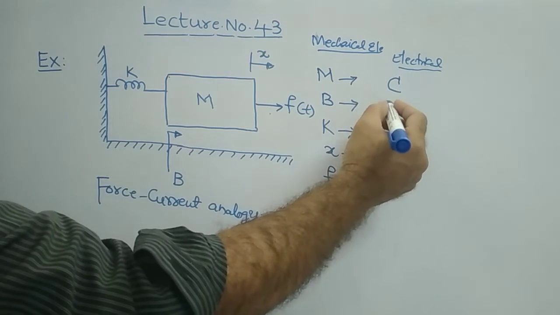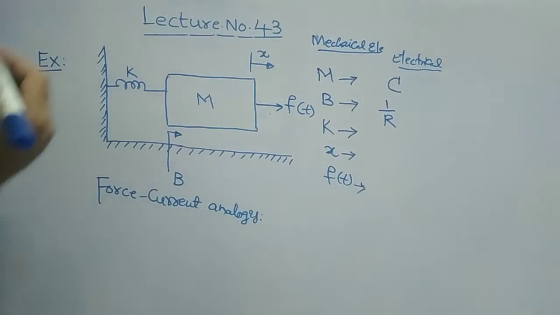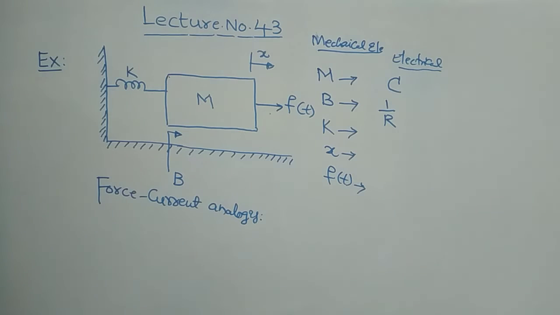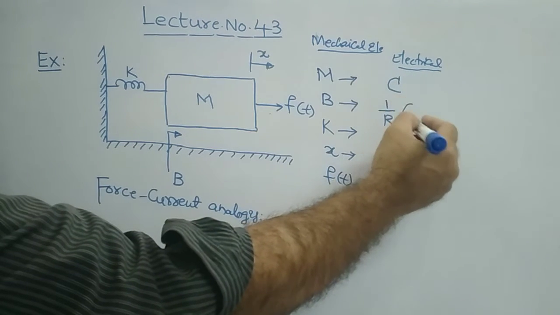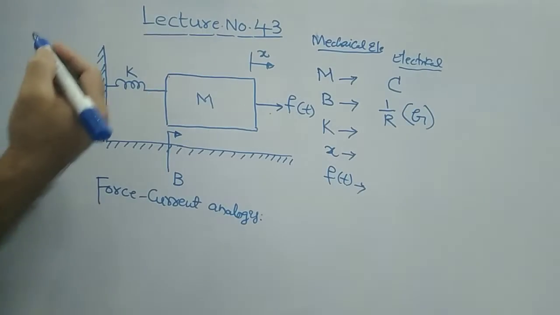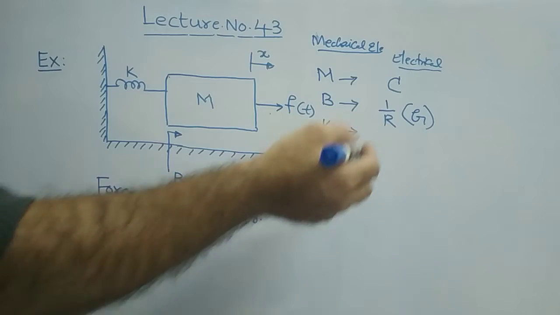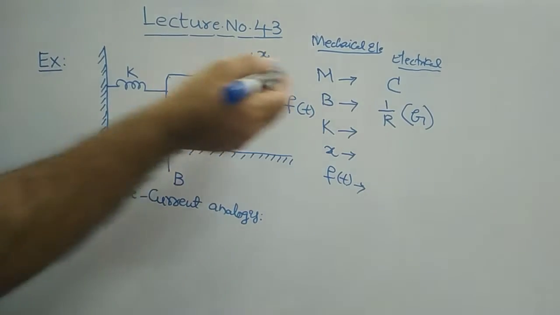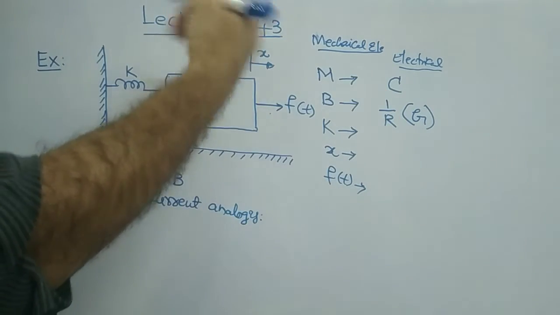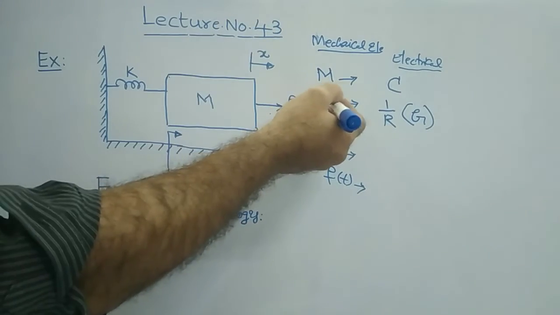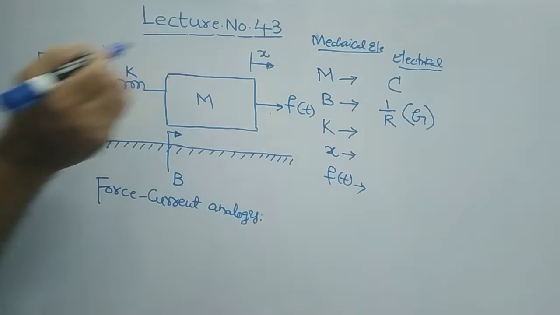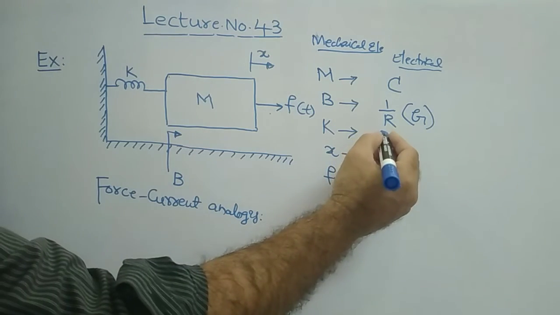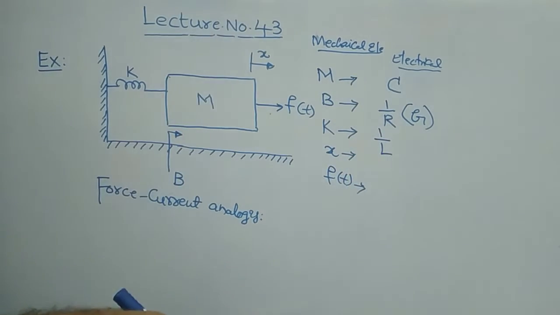Your B corresponds to 1 by R actually. 1 by R is the resistance, otherwise you can say it is nothing but conductance, G. Conductance is G, which is equal to 1 by R basically, but for simplicity we will write 1 by R. So B is 1 by R. If you compare with the previous force voltage analogy, there B is simply R, but here it is 1 by R. And K, which in the previous case was 1 by C, is here simply 1 by L. Remember that, 1 by L. Clear?